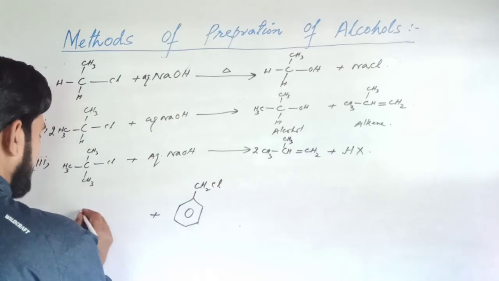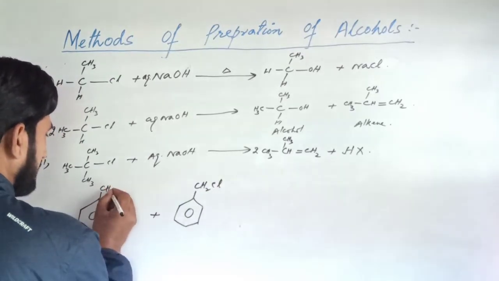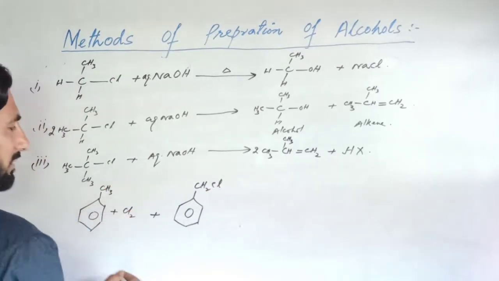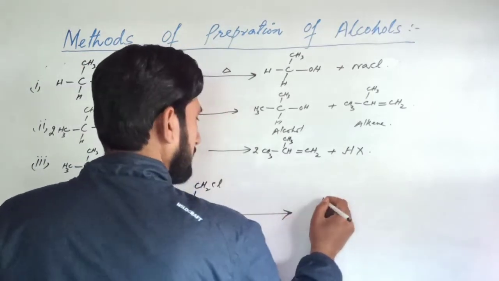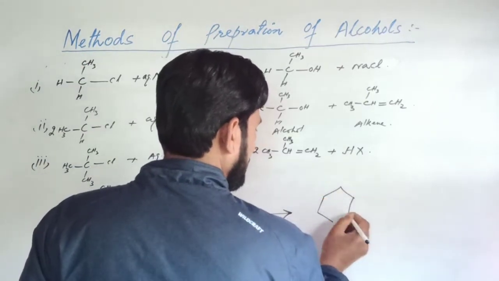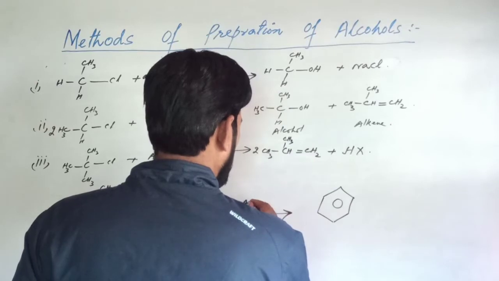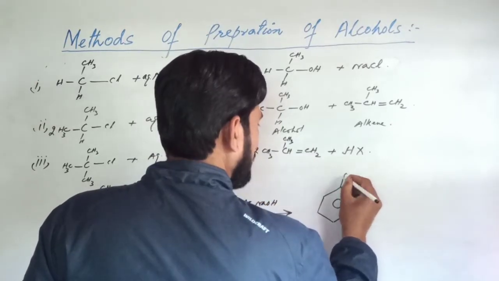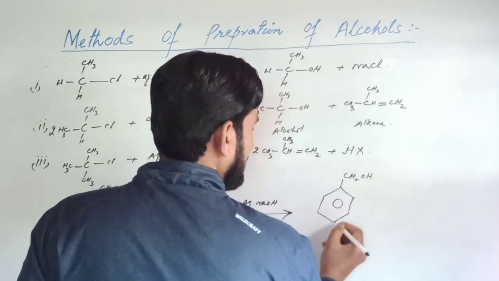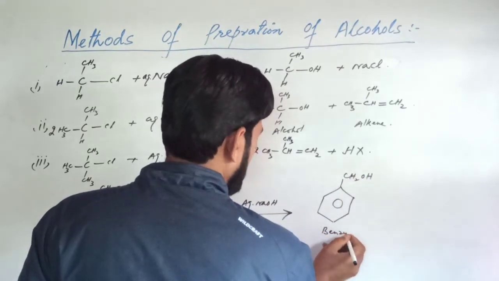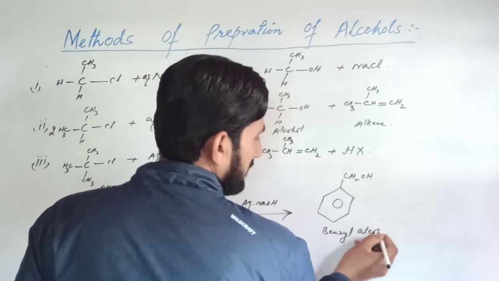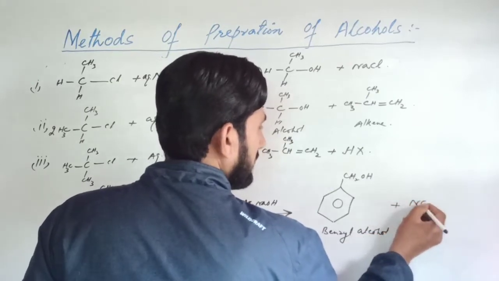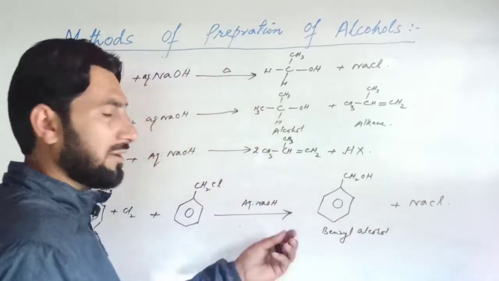For example, C6H5CH2Cl, which is prepared by the reaction with chlorine, with aqueous NaOH base forms C6H5CH2OH, benzyl alcohol, which is an aromatic alcohol.